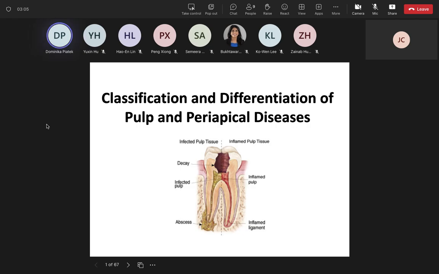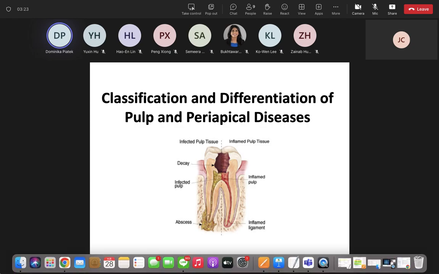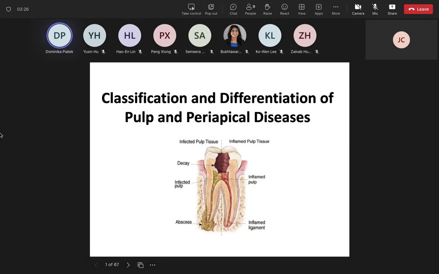We've also got lateral canals, which you can see in the picture. They can be at almost every level of the pulp. Sometimes we also have additional canals directly from the floor of the pulp chamber up to the periodontal ligament at the area of the furcation between the roots.